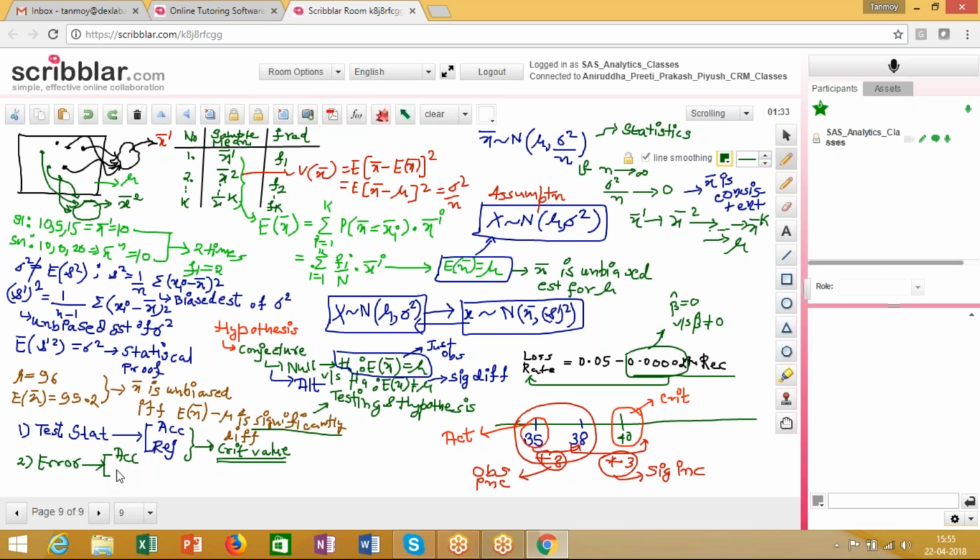So the chances of committing the errors also help us to derive this. And the two error concepts that we need to look into are: number one, the alpha value, or the level of significance, and the p-value.